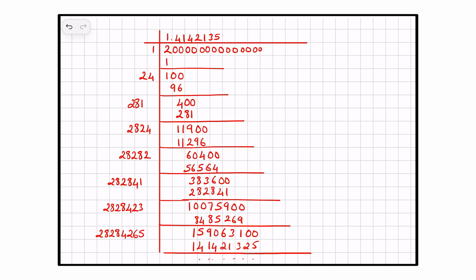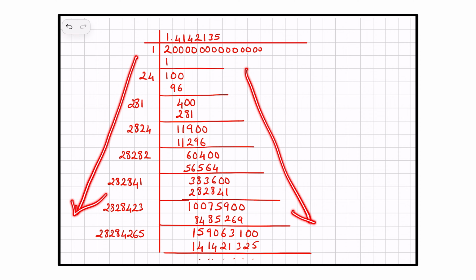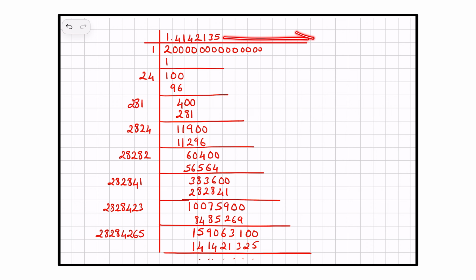Again, similar to root 3, this will just go on, and this value will go on forever. Let me write some more digits over here. If you continue the calculation, you will get 1.414235, and then 62, and so on.